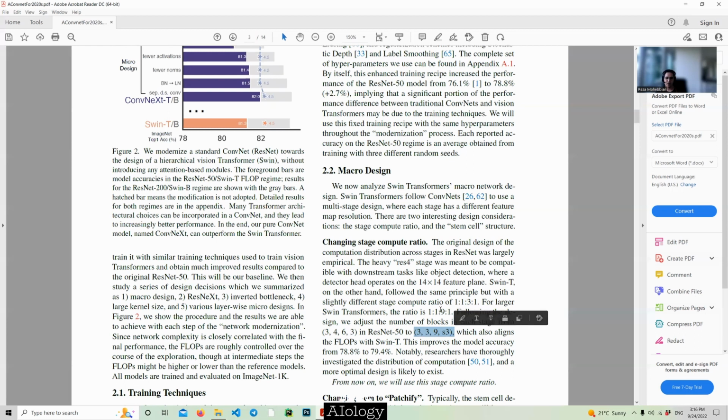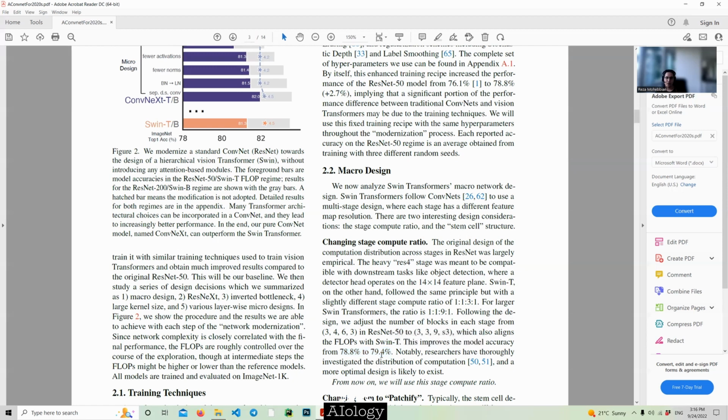So the multiplication is somehow valid because, for example, it's mentioned here the Swin Transformer ratio is like the following multiplication by 3. And they mentioned by just changing this, they could gain improvement from 78.8 to 79.4.